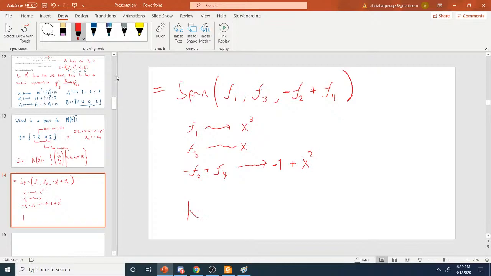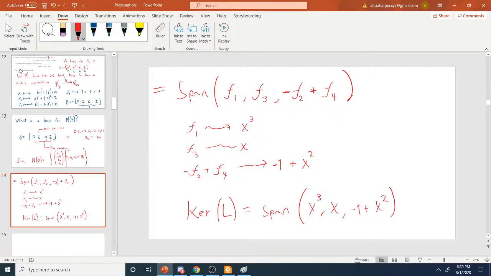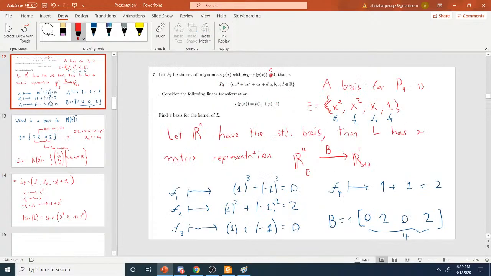So the kernel of L may be regarded as the span of x cubed, x, and -1 plus x squared. So that is the most rigorous way to compute the kernel.